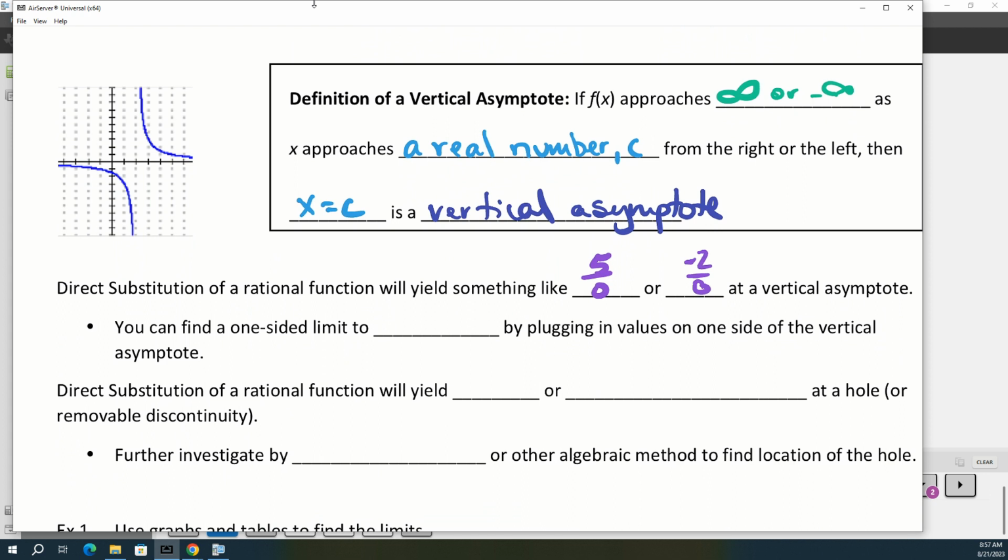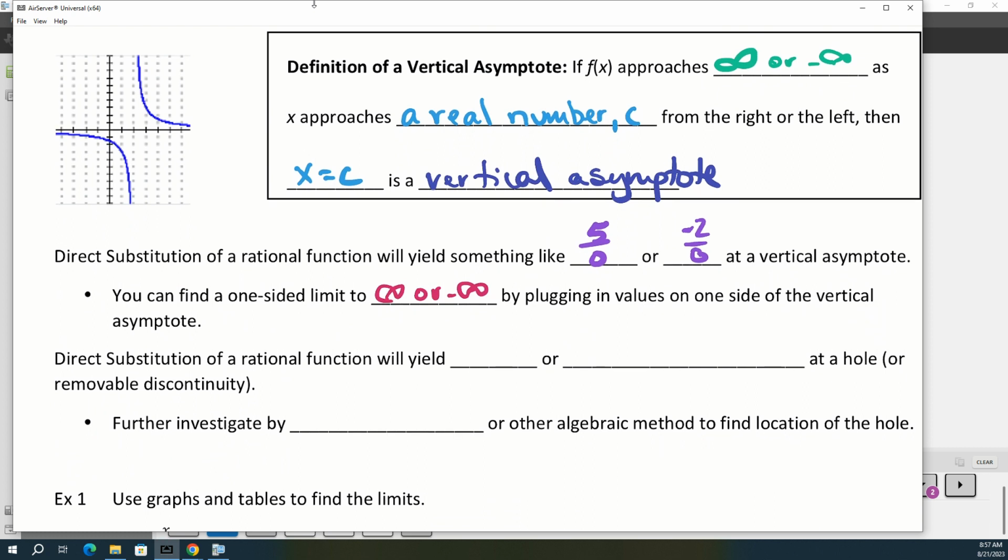But what we're going to do now, instead of just saying that the limit does not exist, we're going to find one-sided limits. You can find a one-sided limit to either infinity or negative infinity by plugging in one side of the vertical asymptote. That's just to figure out what's going on in the graph.